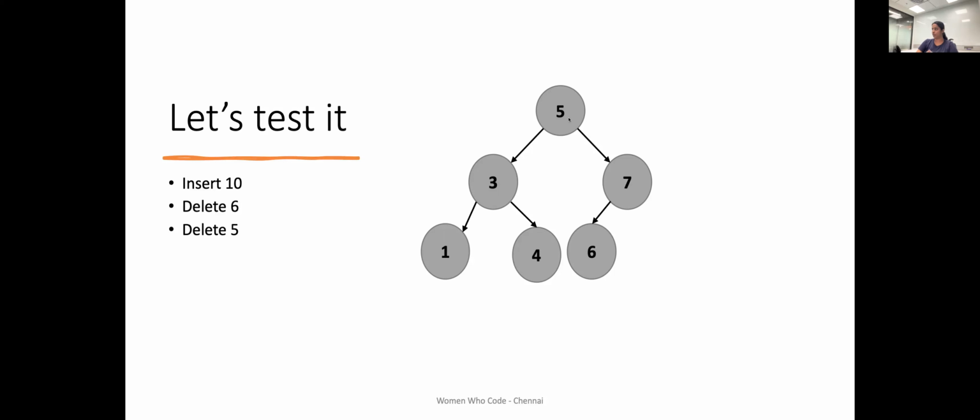In that case, it will have only one child. We just have to copy the contents of your right child to the parent, and you're going to delete 5. Maybe copy 6 in the place of 5 and delete it. That's correct. That's how it would be.